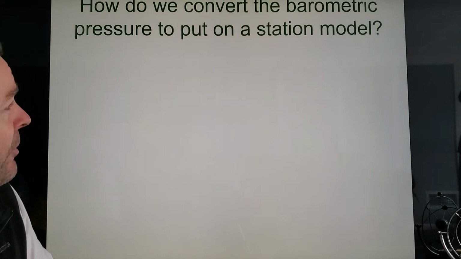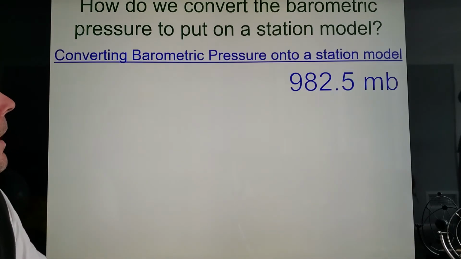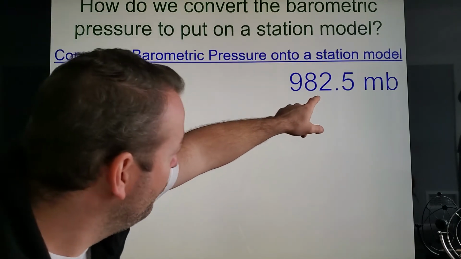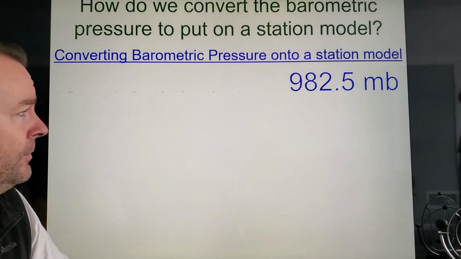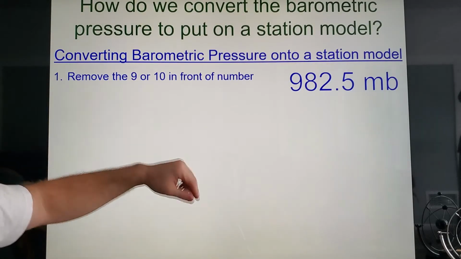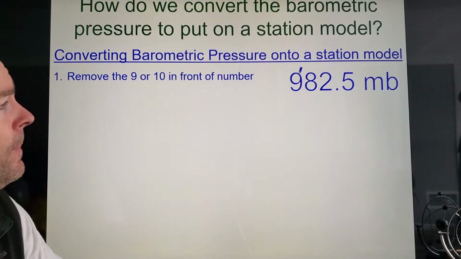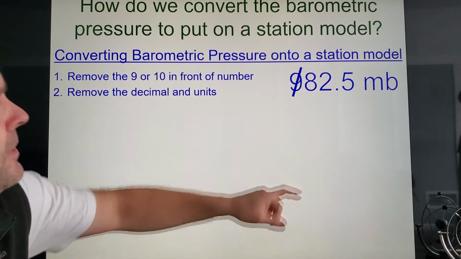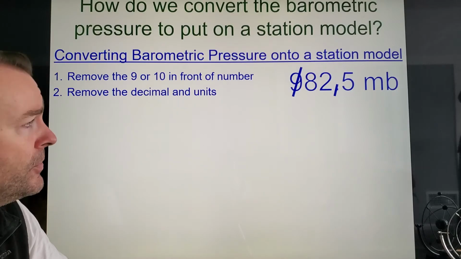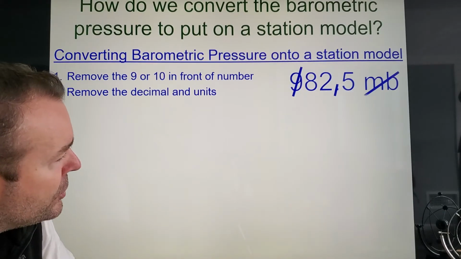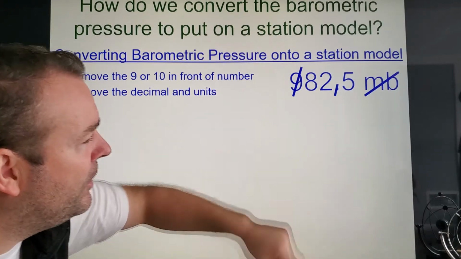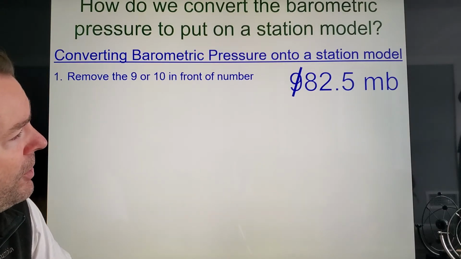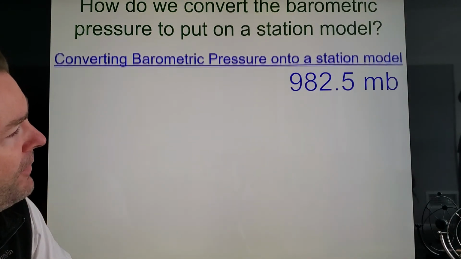Okay? Converting pressure like I did before. So let's say you get an actual reading of 982.5. Well, to convert that, you're going to remove the first number. Okay? First number goes. Then, of course, you're going to remove the decimal point. Right? That goes. And the unit goes. So what you're left with in this case was 825. So again, you started with 982.5.